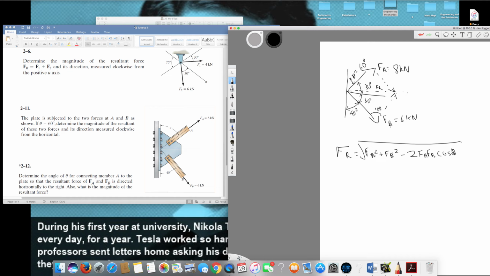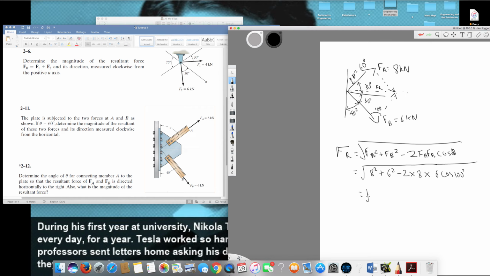So we know that one is 100, and we are going to find the resultant force FR square. So FR is going to be 8 square plus FB square 6 square minus 2 times 8 times 6 cosine theta. Cosine theta is the cos of the angle opposite to the resultant force, 100 degrees.